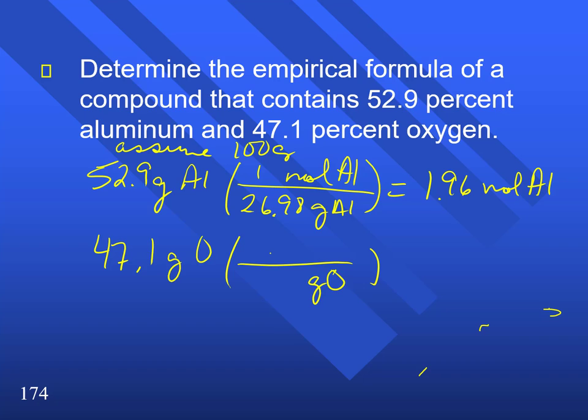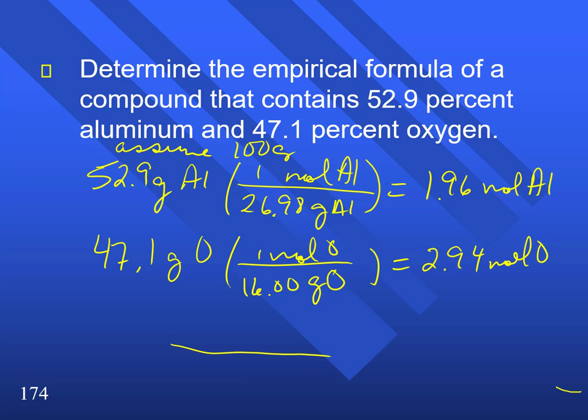Change grams of oxygen to moles of oxygen. 1 mole is 16.00. And that's 2.94 moles oxygen. Do the division. Which one's the smallest one? Moles of aluminum is smaller, so I'm going to divide by that.